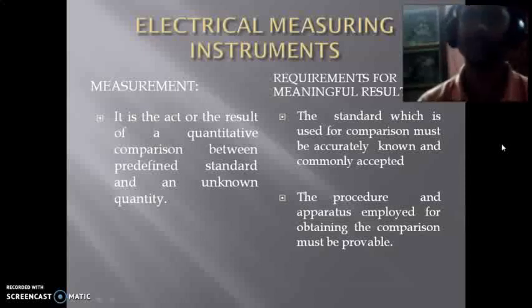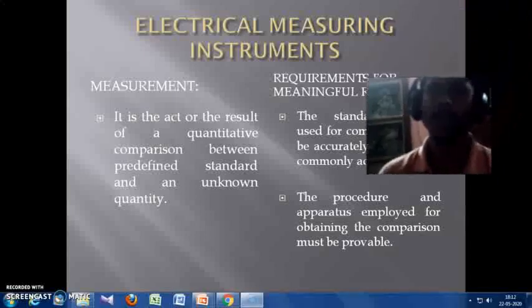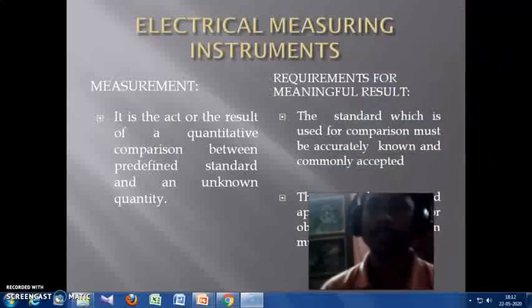Suppose we want to measure any quantity of a variable, then that will be compared with a predefined standard. Means we have to compare a measuring quantity with a predefined standard. Here the important part is a predefined standard.